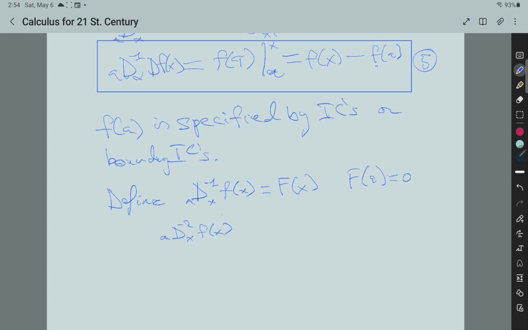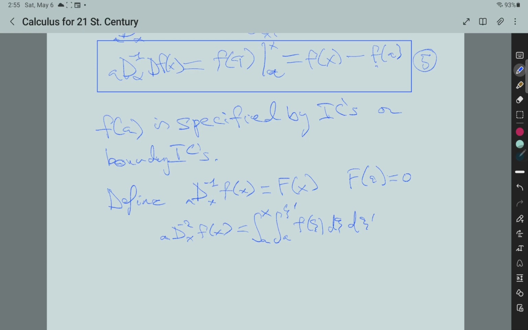This is going to be the integral from a to x, and then it can be another integral from a to c prime of f of c dc, and then dc prime.